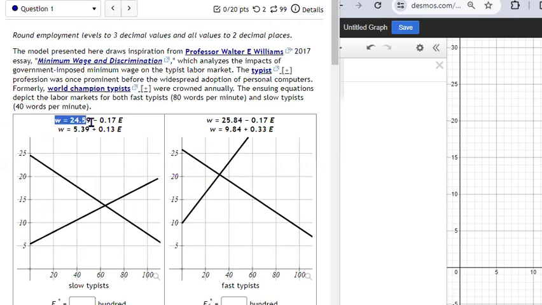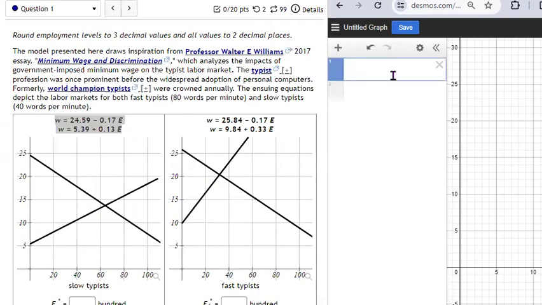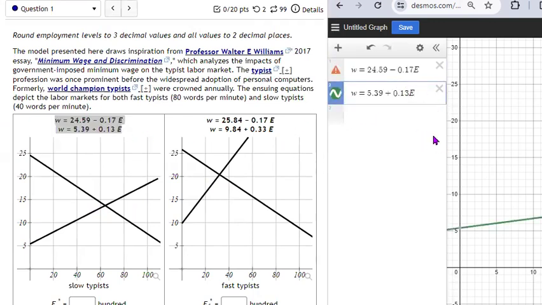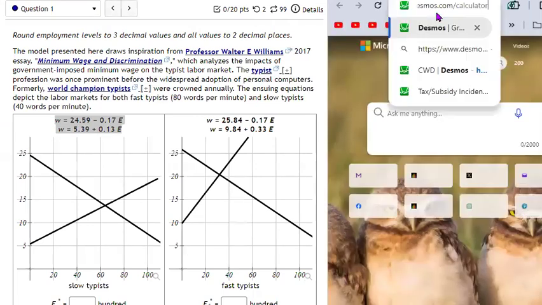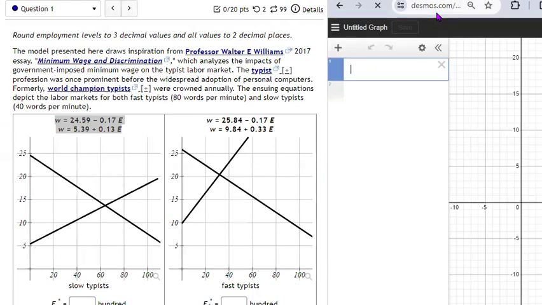Okay, so what we need to do is copy these equations into Desmos. I'm trying to figure out why this one's not working. There it goes. Now it's working. I'm going to create 2 Desmos sheets, one for slow typists, one for fast typists.